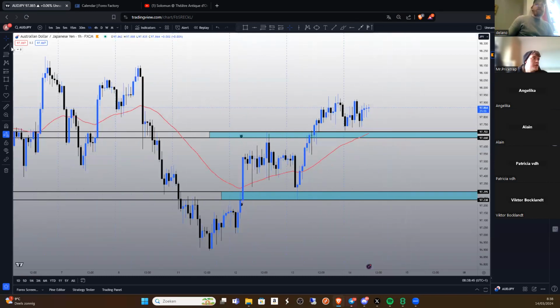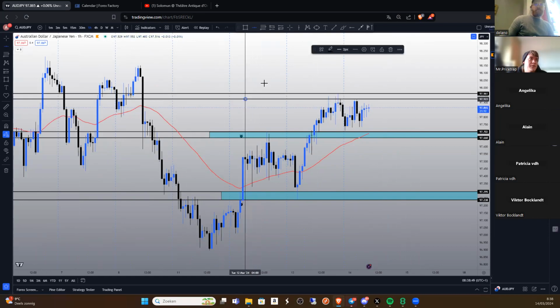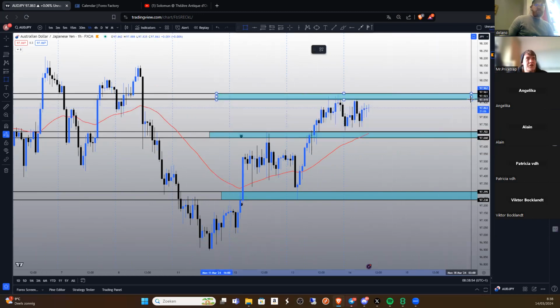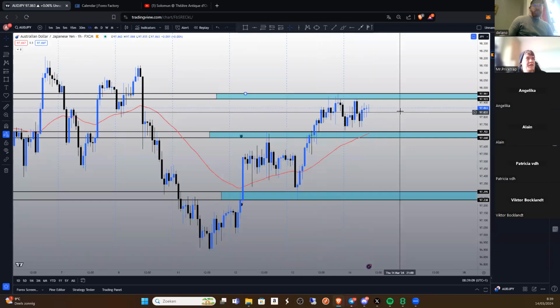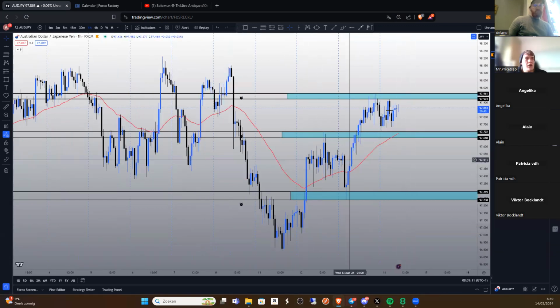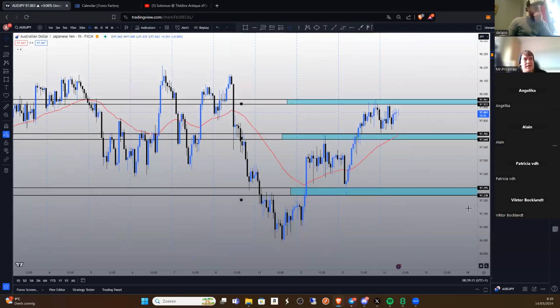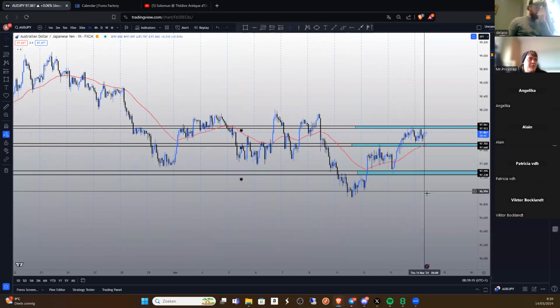What we could do, of course, if market does not come back for the retest, is we could simply just use the new high that the market has created for the breakout, all right? So if the market now shoots up without coming back, we still have the opportunity to catch the breakout retest of that specific resistance zone and follow up, like I said, this small uptrend from the last couple of days, okay?